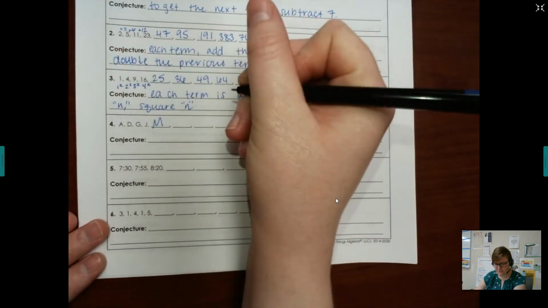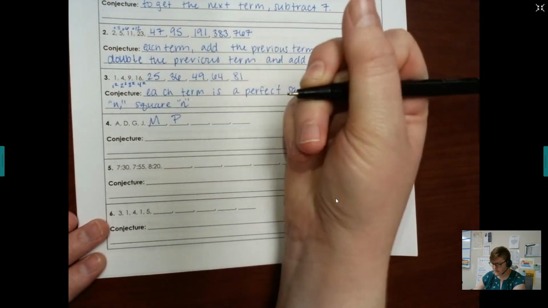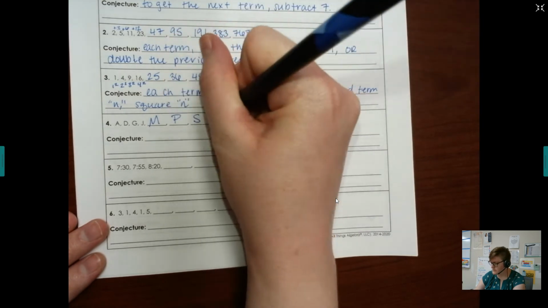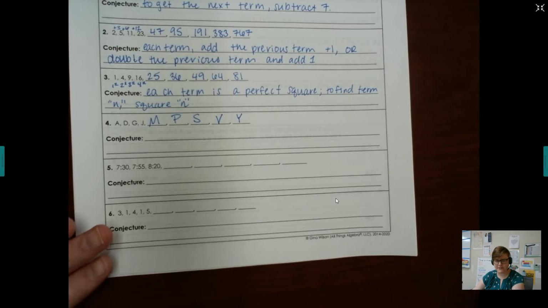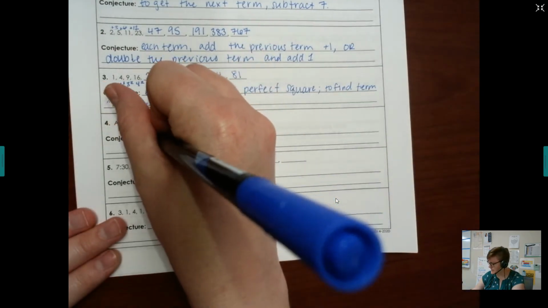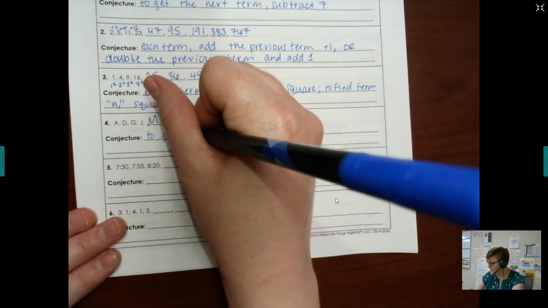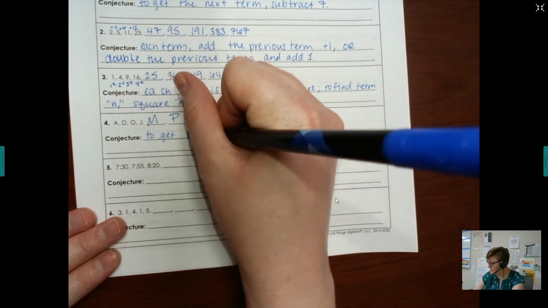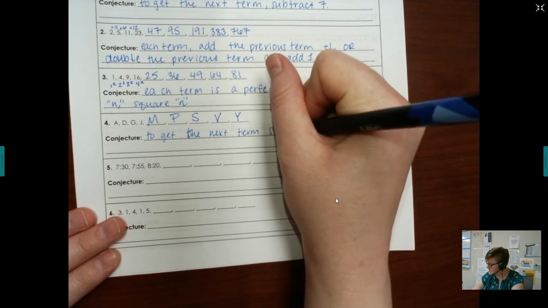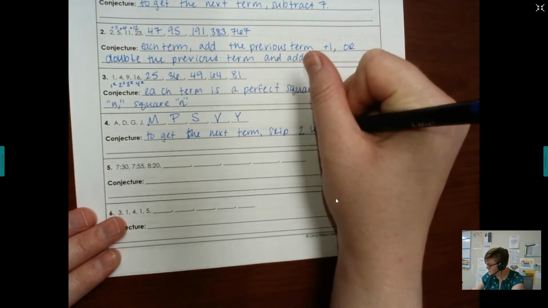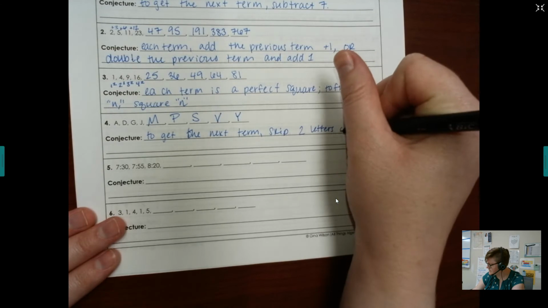So M, P, S, T, U, V, W, X, Y. Right? To get the next term, skip 2 letters of the alphabet.